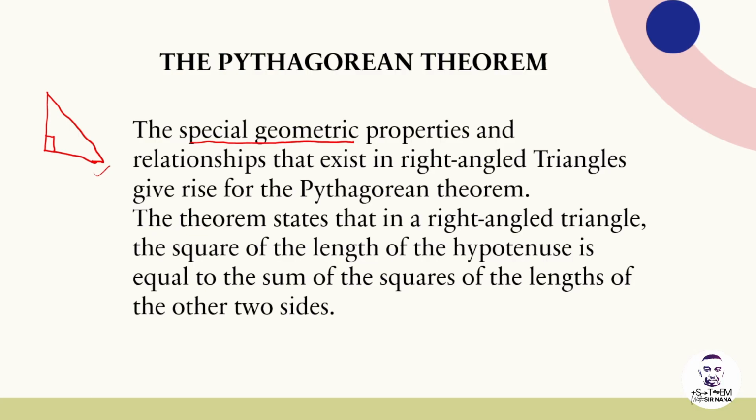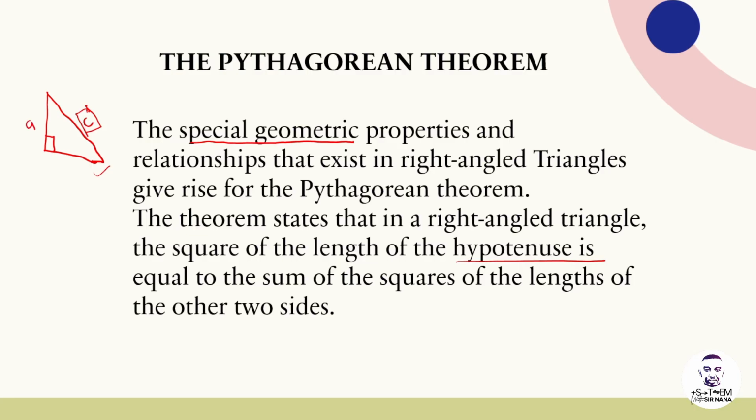So that relationship is that the square of the longest side, which is called the hypotenuse, let's label it as C, is equal to the sum of the squares of the other two sides.